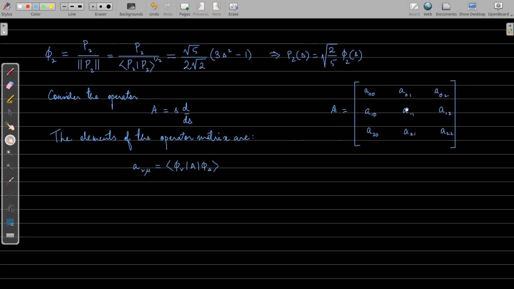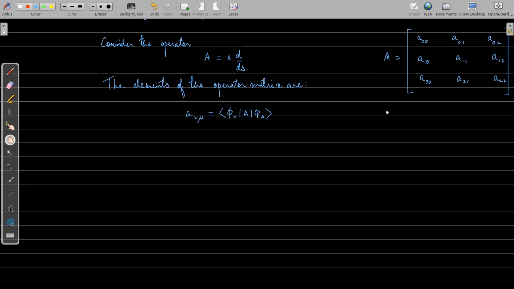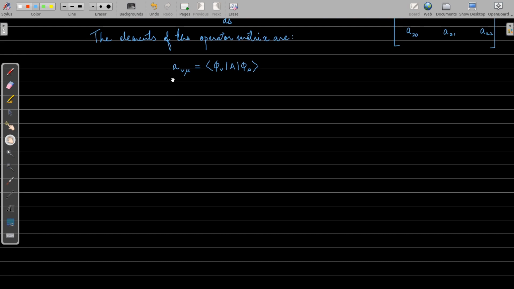So we need to find out each of these individual elements. First let's find out A00. We can use this formula. A00 will simply be equal to phi 0 A phi 0.